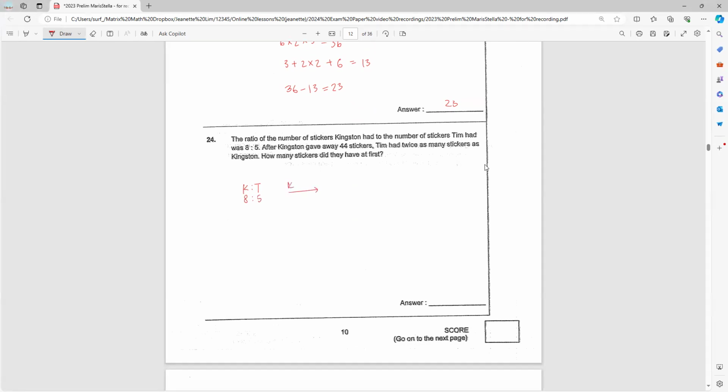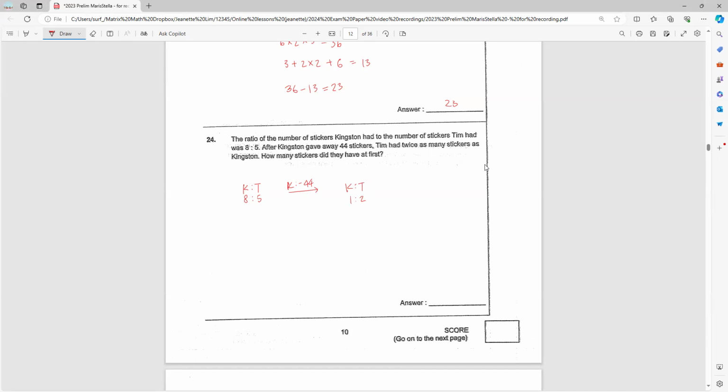Then Kingston gave away 44. In the end, K to T, Tim had twice, so 1 to 2.